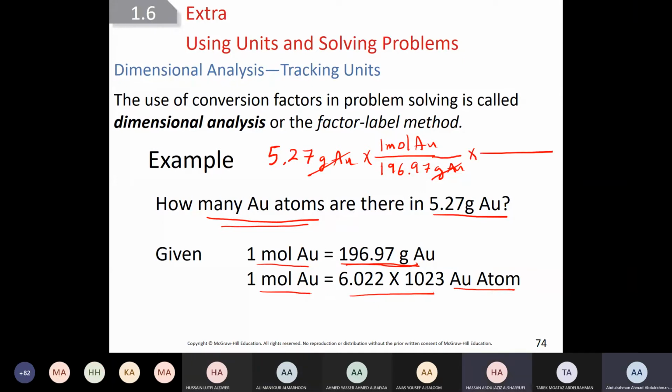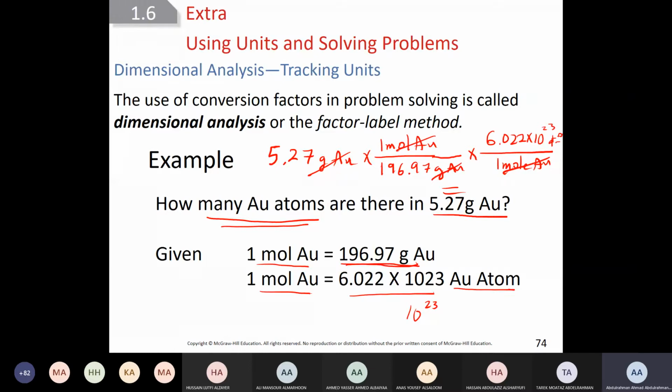No. Next step: multiply by 6.022 times 10 to the power 23 atoms Au divided by one mole Au. Oh, sorry, I wrote it wrong. This should be 10 to the power 23. The mole Au will go with mole Au, and you have the answer.